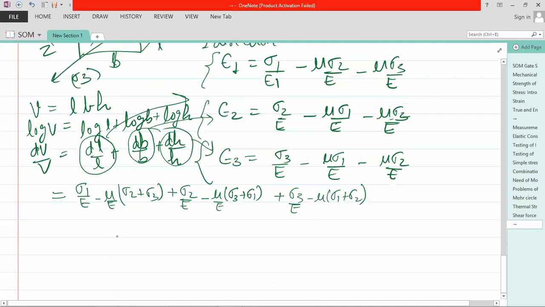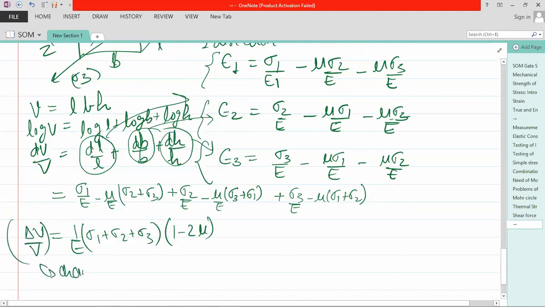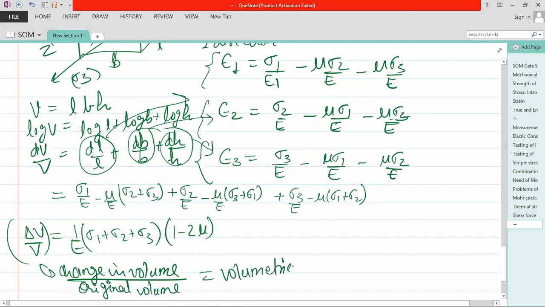So now the value is 1 by E times sigma 1 plus sigma 2 plus sigma 3 times 1 minus 2 mu. That is delta V by V, the change in volume divided by the original volume, and this is called volumetric strain.